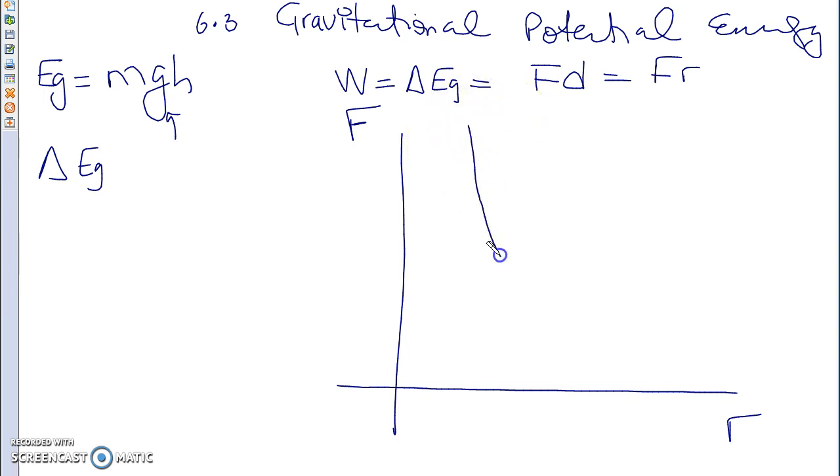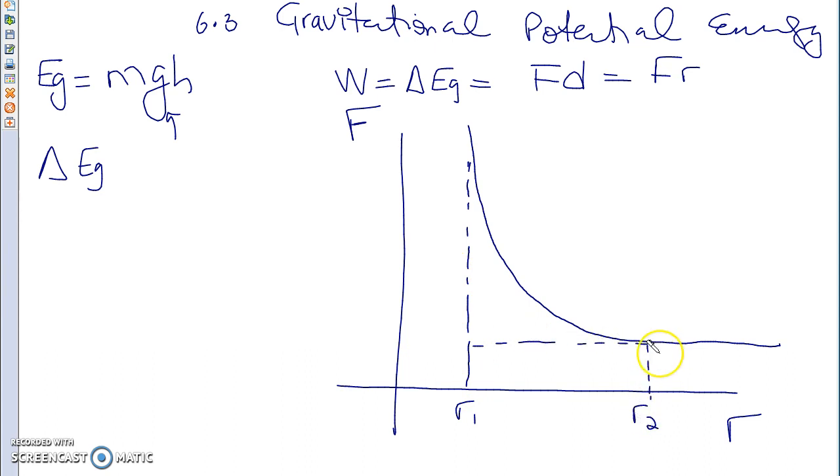Now, of course, as we know from universal gravitation, as I'm closer to an object, my force is larger. So imagine this is R1. And as I'm further away from an object, my force is smaller. It's big G m over r squared.